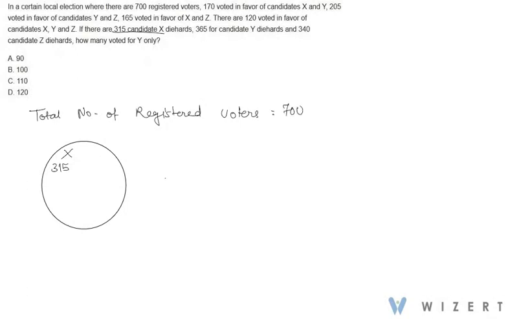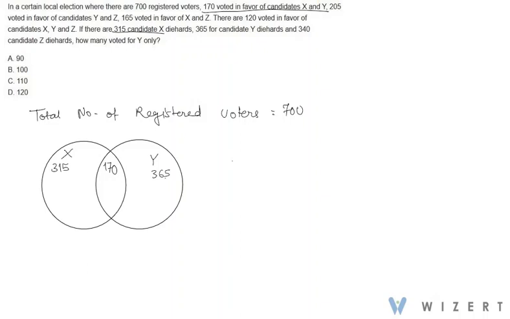Now let this circle represent the number of people who voted for candidate Y. That is given as 365, and it's overlapping the first circle like this. This middle portion here is given as 170 voted in favor of X and Y. So this overlap portion represents 170 voters.